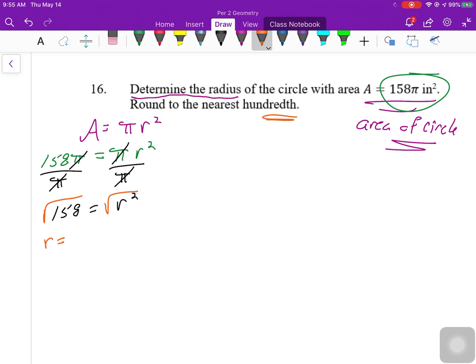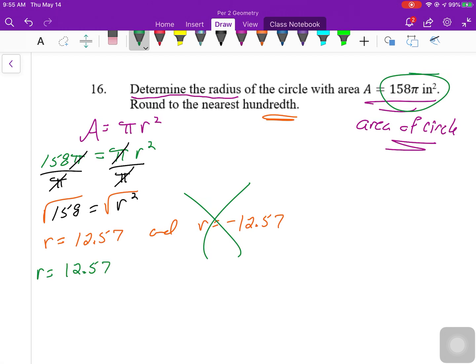And now it's just a matter of taking the square root of both sides. Of course, you do end up with 2 answers. You end up with r equals, rounding to the nearest hundredth, 12.57, and r equals negative 12.57. As we've mentioned earlier and several times in this chapter, the radius cannot be negative.